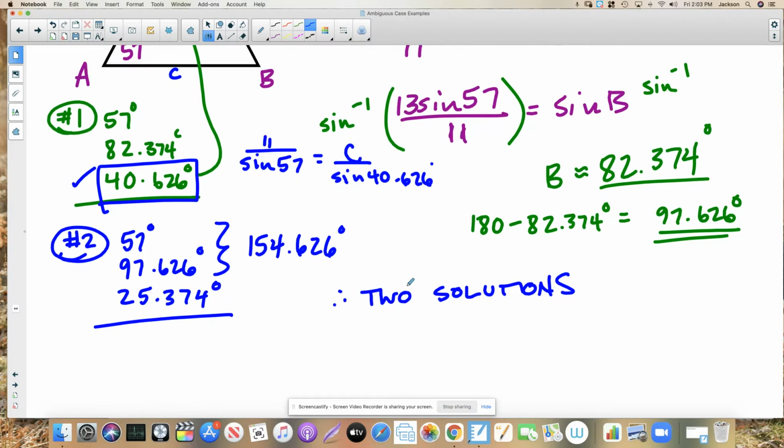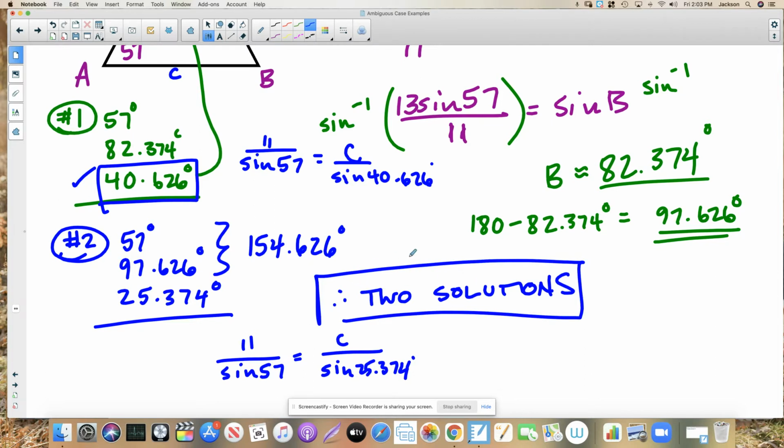And then down here, you'd have to do the exact same thing. You got to find that third side using this 25-degree angle. So it's a lot more work, not going to lie, for there to be two solutions. But we have to do our diligence as mathematicians on that. So always check the supplement to the angle that you find in an ambiguous case problem, and then check it with the angle that you were given to make sure it can or cannot fit under that 180-degree threshold.